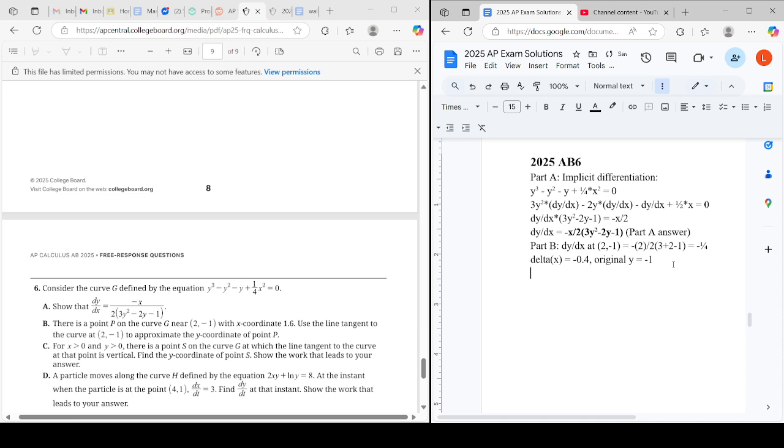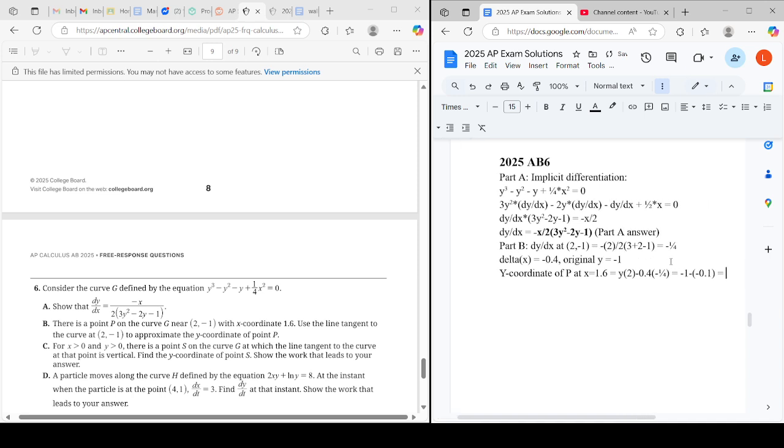So the y coordinate of P at x equals 1.6 equals negative 1 plus negative 0.4 times negative 1 over 4, and this would equal negative 1 plus 0.1, which equals negative 0.9, and this is the answer to part B.